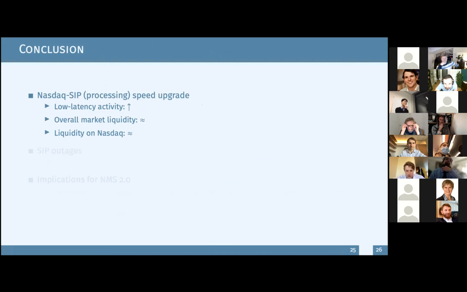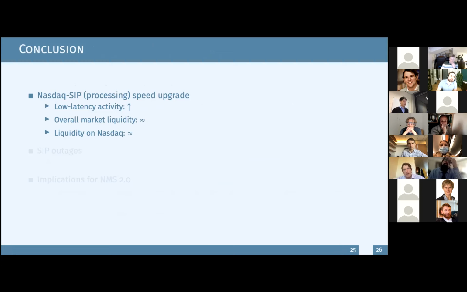So just to conclude, I look at two exogenous events affecting the SIP speed and availability. The first is when we have a speed upgrade on the SIP, and we don't see a significant impact on market liquidity, but we do see low latency activity goes up.